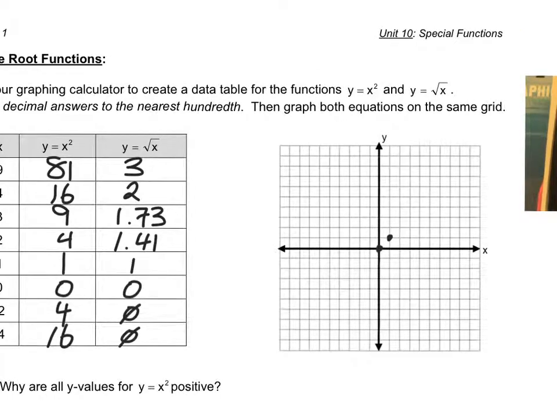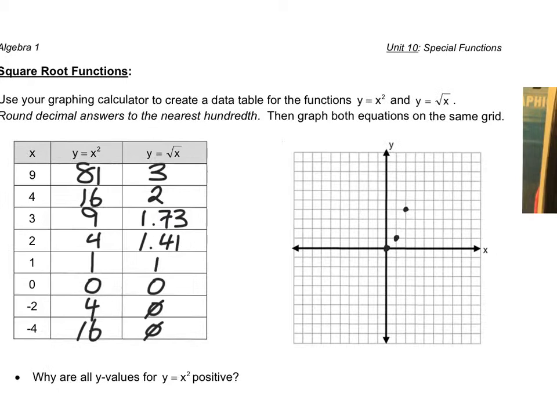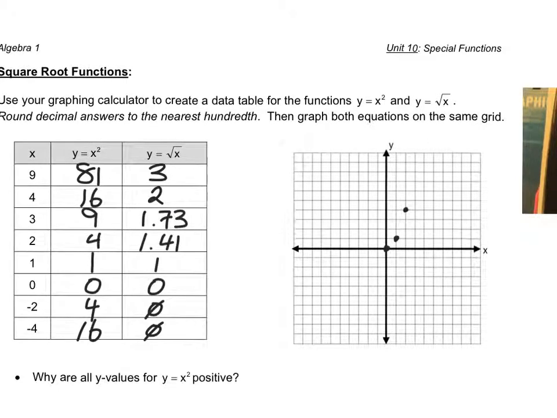We have 2, 4 and negative 2, 4. Everything else is going to go off the grid. Actually, I think we could get the 9s in there. Where's 2, 4? Then 3, 9.